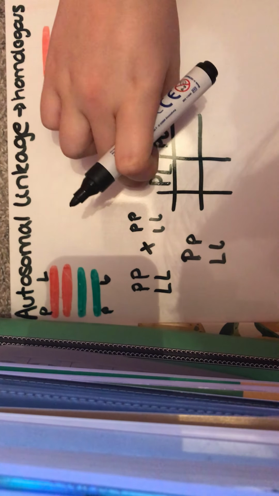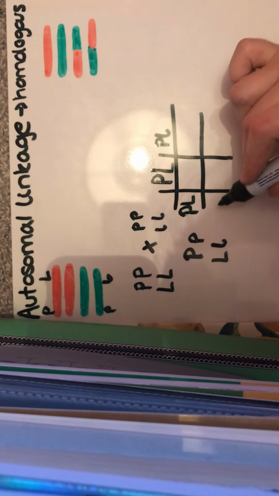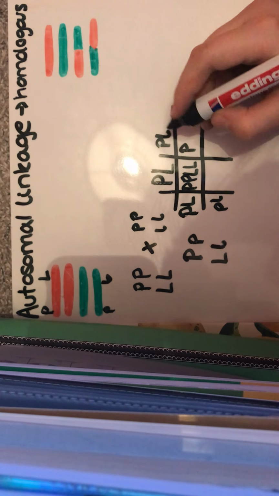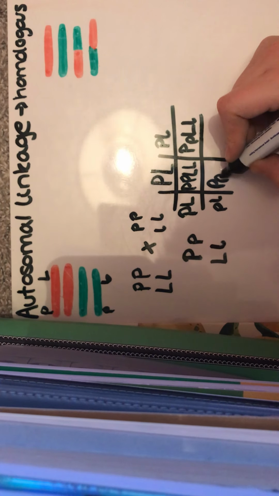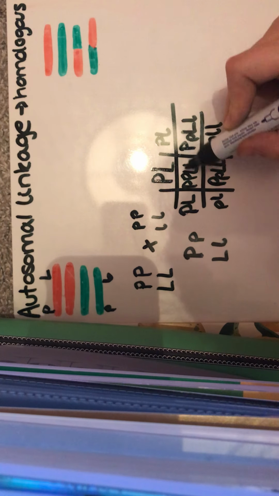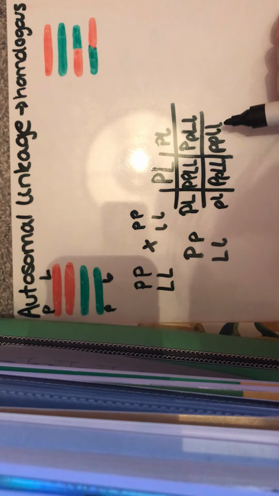That is one genotype here, and we do the same on the other side. Then in the square: capital P, capital P, capital L, capital L; capital P, lowercase p, capital L, lowercase l, twice; and then all lowercase p, p, l, l. So all three of these are going to be purple and long, and this one is going to be red and short.